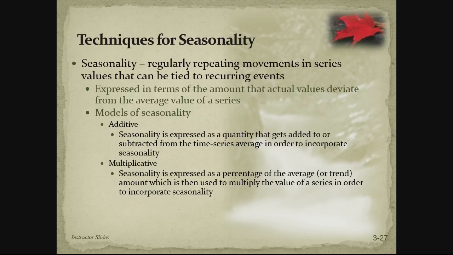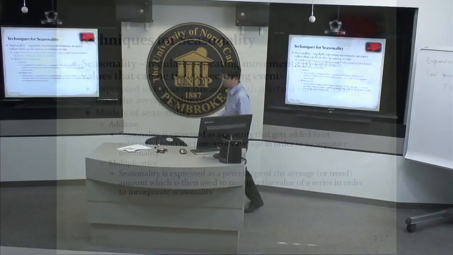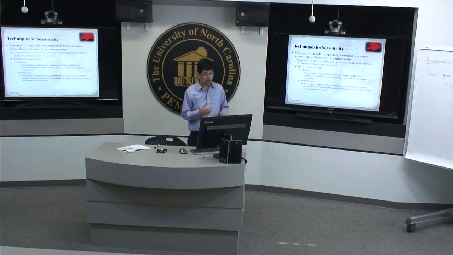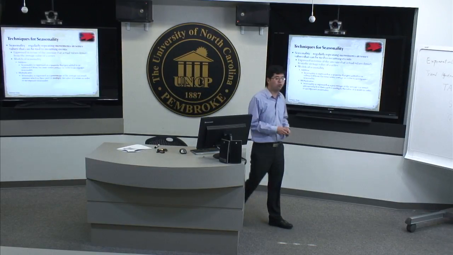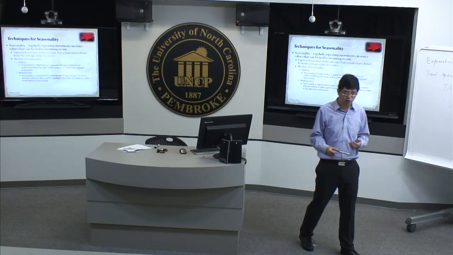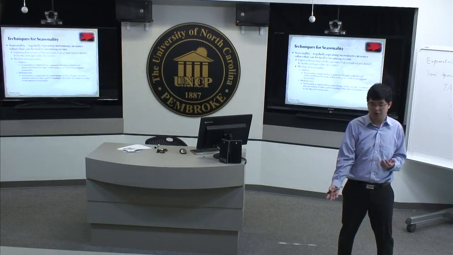The actual value deviates from the average value of a series. Turkey, Christmas trees, candy, pumpkin: there are lots of things with very strong seasonality.